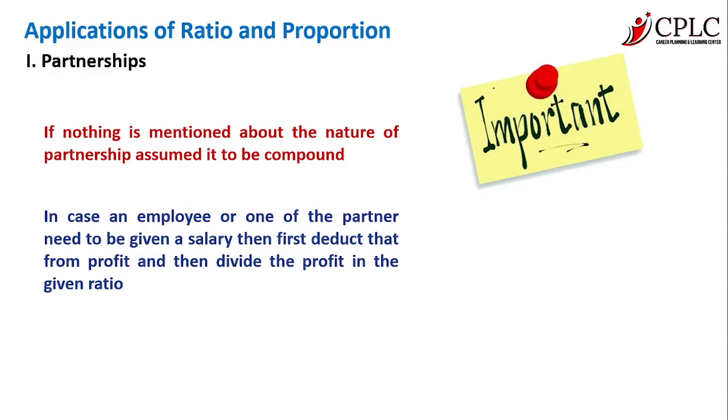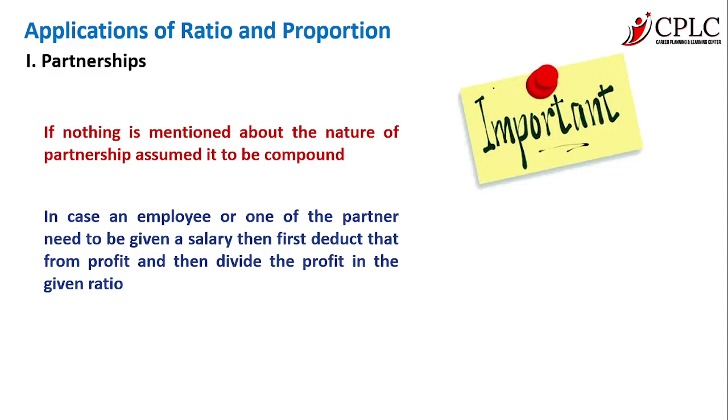These are a couple of more pointers which will help you avoid the mistakes that normally happen if you are not careful when it comes to partnerships. So that's the concept. Of course, when we solve questions, we'll understand more about its application and all those instances when it comes to partnerships.